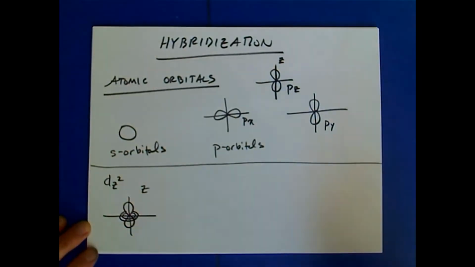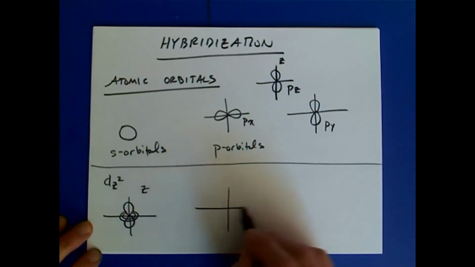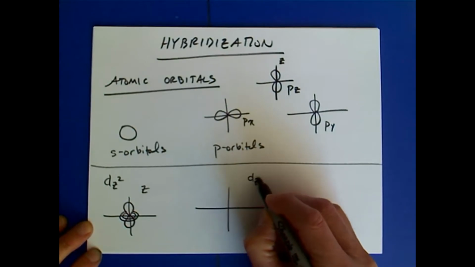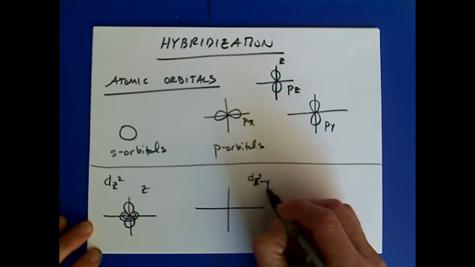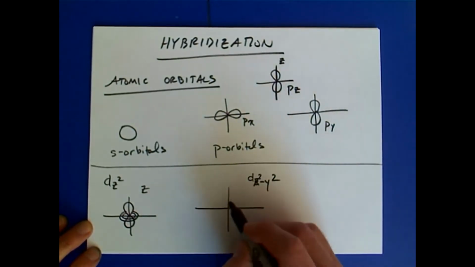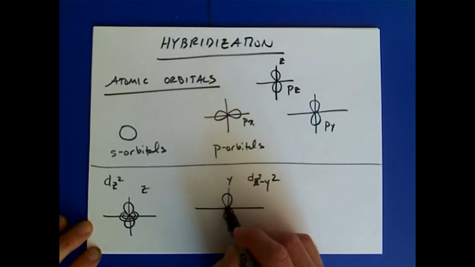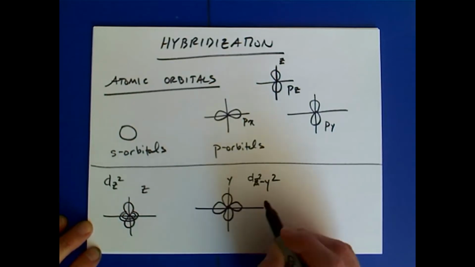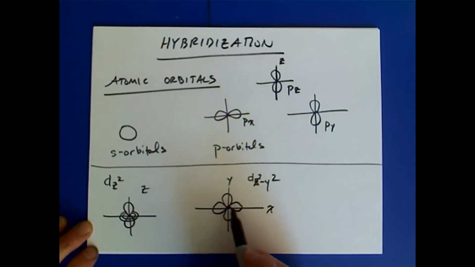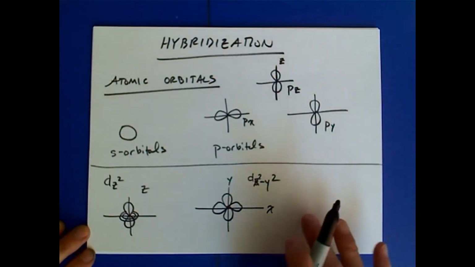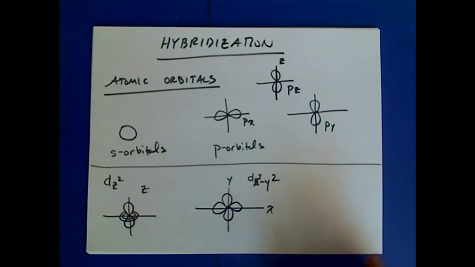There's another d orbital that we'll need to use, and that's the dx squared minus y squared orbital. That has 4 lobes, 2 of which run along the y-axis and 2 of which run along the x-axis. This is normally the way we think of d orbitals, having 4 lobes, and the other 3 d orbitals look similar to this.